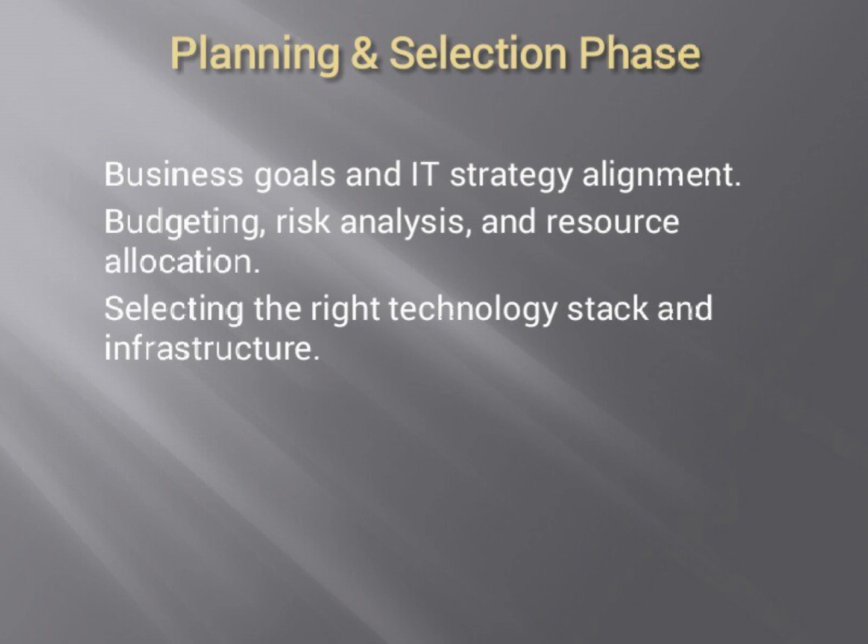We will allocate all these things, and the last one will be selecting the right technology stack and infrastructure. So in the planning and selection phase, we align the business goals with strategy, do budgeting, risk analysis, and resource allocation, and select the right technology stack and infrastructure.